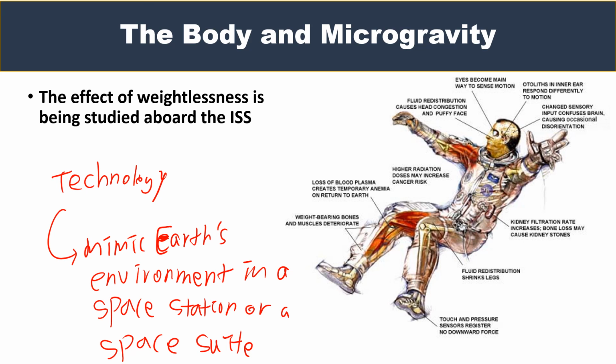That's one of the research efforts happening. Other than medical treatment and so on, we're trying to find technology that mimics Earth's environment in a space station or a spacesuit so that astronauts do not have to undergo serious injuries or serious long-term effects due to microgravity.